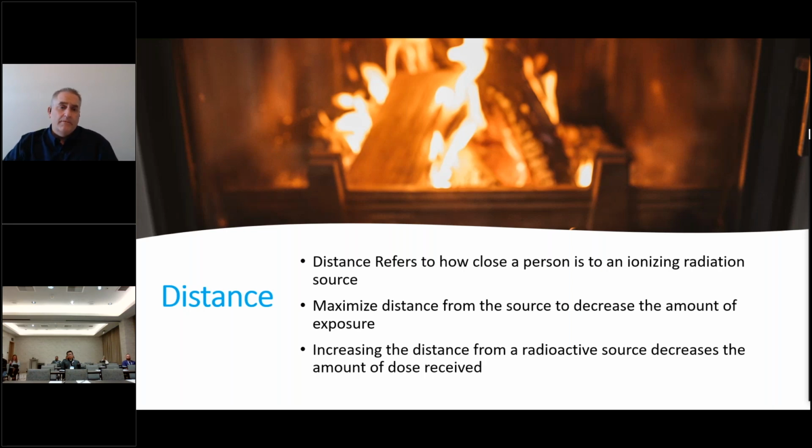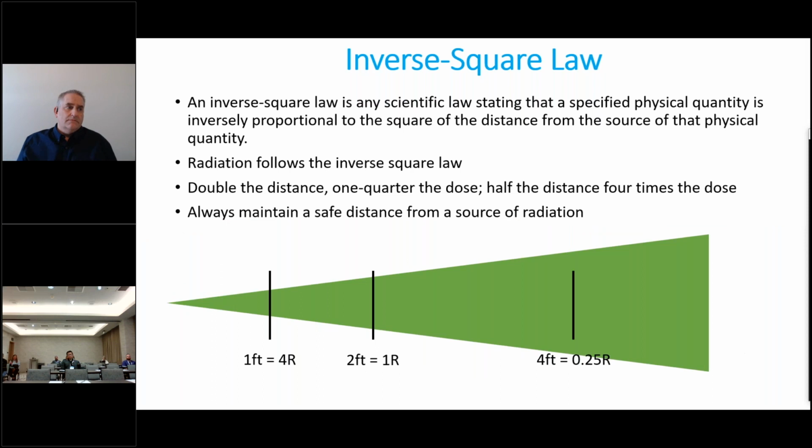The perfect way to envision this is this little diagram. If you are 1 foot away from an X-ray tube when you make an exposure, we'll say your exposure is 4R. If you simply move 1 foot backwards, you're now 2 feet away from the tube, and your exposure is going to be 1R. If you move 2 more feet and you get 4 feet away from the X-ray tube, you're now at 0.25R.